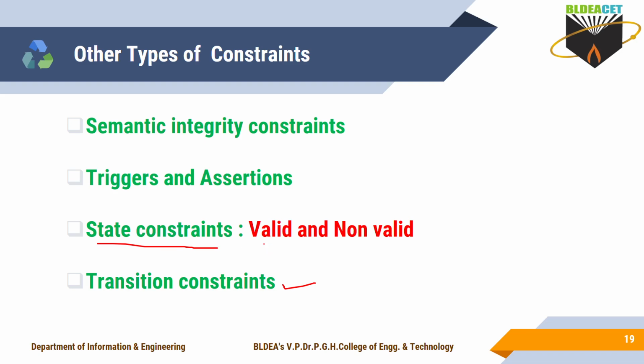In the state constraints you use two states, valid and not valid. These are the two types of state constraints, and transition constraints depend on your triggers and assertions. So this is about the types of relational model constraints. Is it clear now? Okay, thank you.